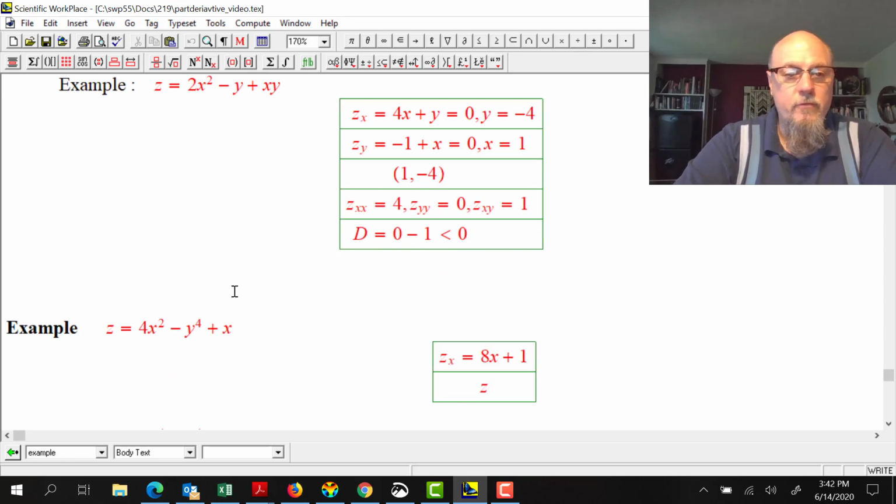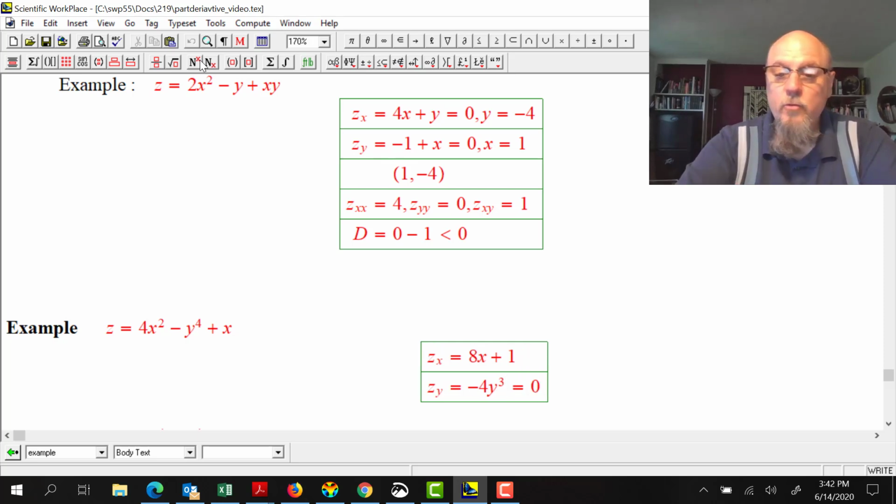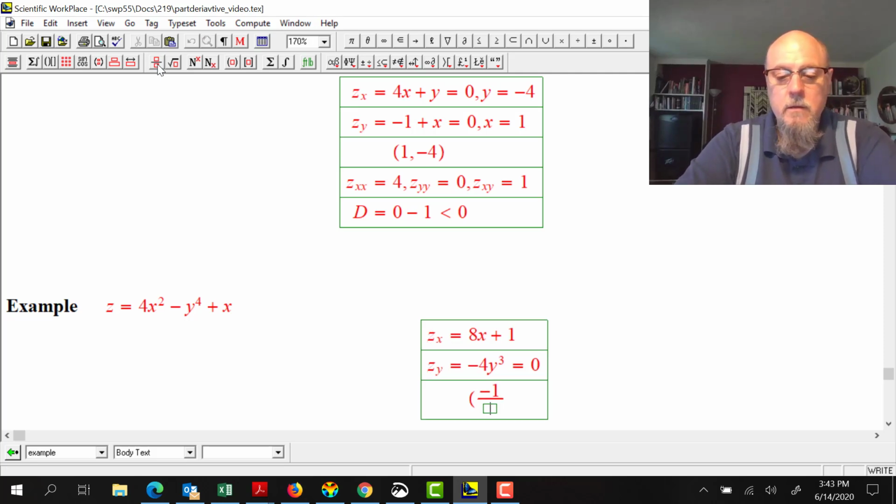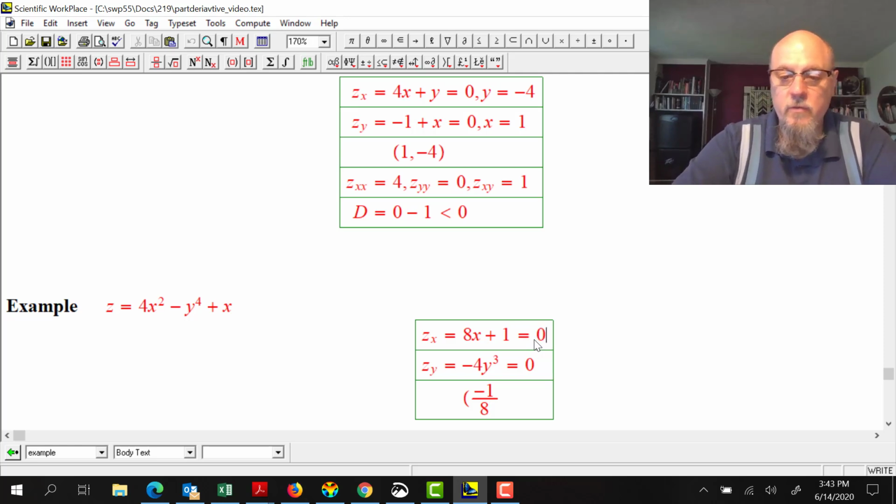I need the derivative with respect to y, which is minus 4y cubed. That's it. Two equations, two unknowns. Again, I get one critical point. The x critical point is minus an eighth, because I'm setting these two derivatives equal to 0, and the y is 0.